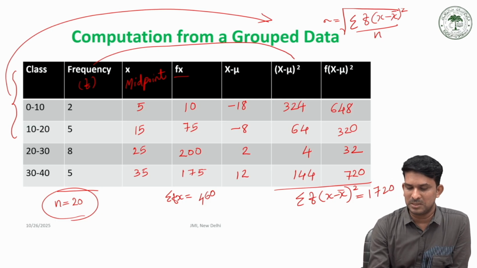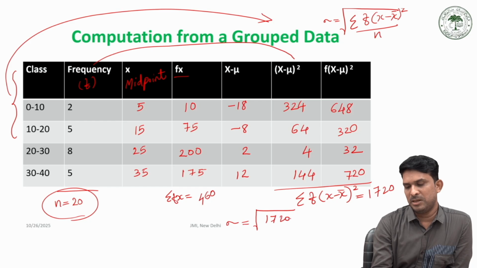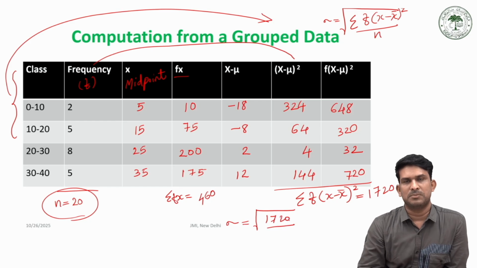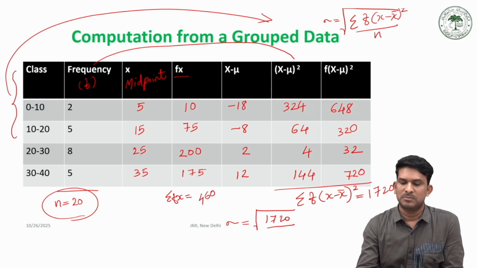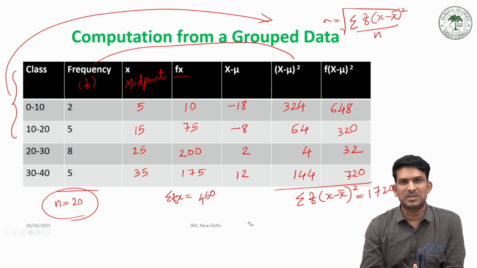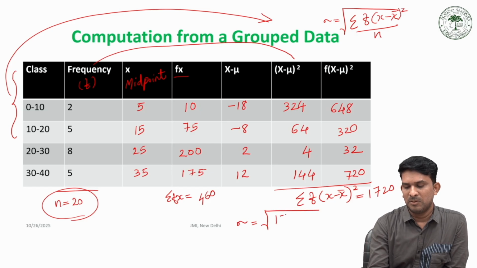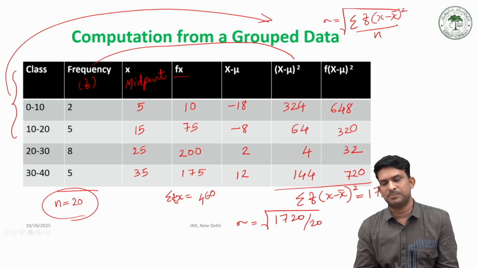So let us go to the calculation. Standard deviation is the square root of 1720 divided by 20.